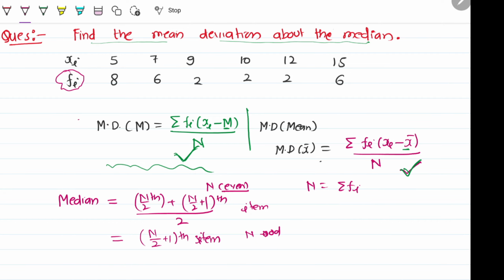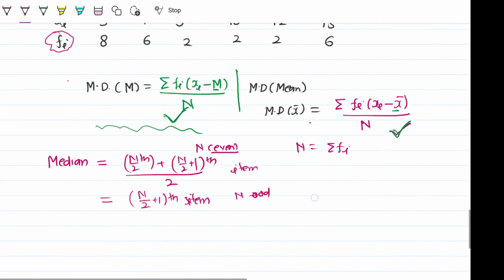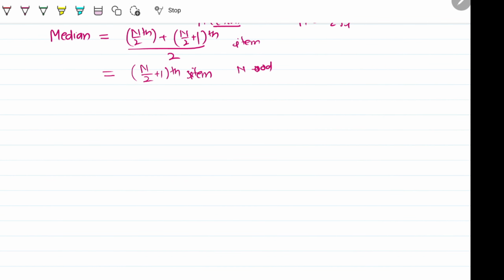So let me first write the data. Here I will make the column xi, and the xi column is given: 5, 7, 9, 10, 12 and 15.